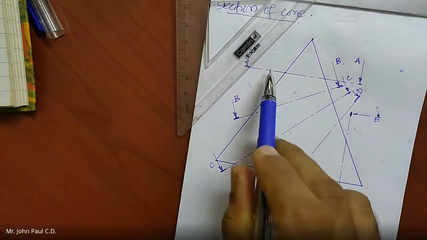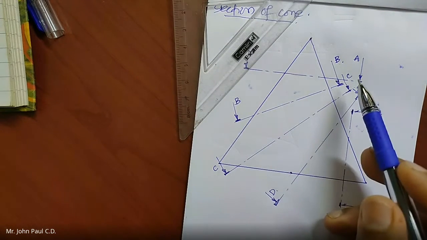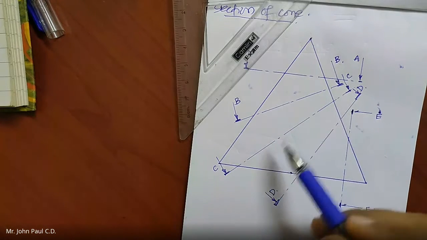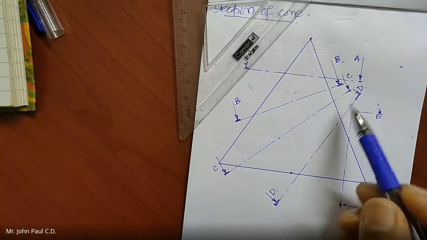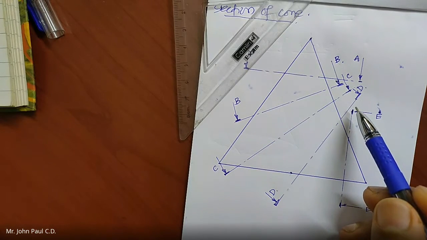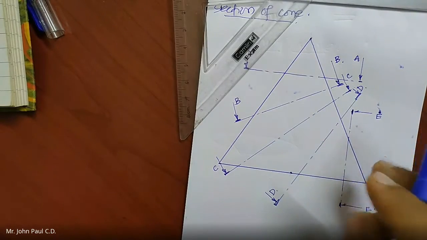So I have one parallel to the base, perpendicular to the base, inclined to the base but not cutting the base, inclined to the base and cutting the base, a general one, and another one with the cutting line parallel to the generator.